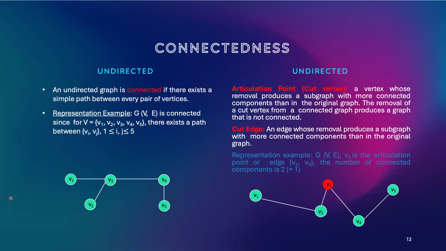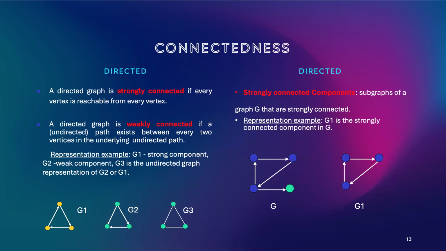Now, if we look at directed graphs, a directed graph is strongly connected if every vertex is reachable from every vertex. So for any two vertices A and B in the graph, there is a path from A to B and from B to A. And a directed graph is weakly connected if a path exists between every two vertices in the underlying undirected graph.